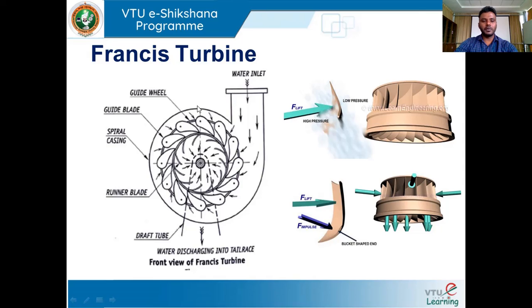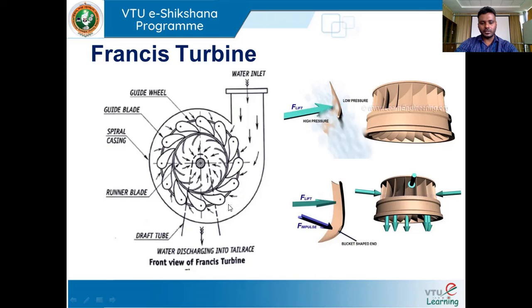Coming to the spiral casing, it covers up the runner as well as the runner blade. As you can see, from the inlet the area of the spiral casing gradually decreases. When the water enters from the source, it passes through this spiral casing.